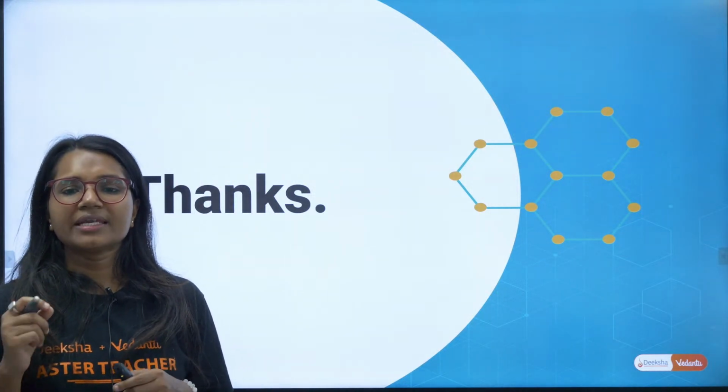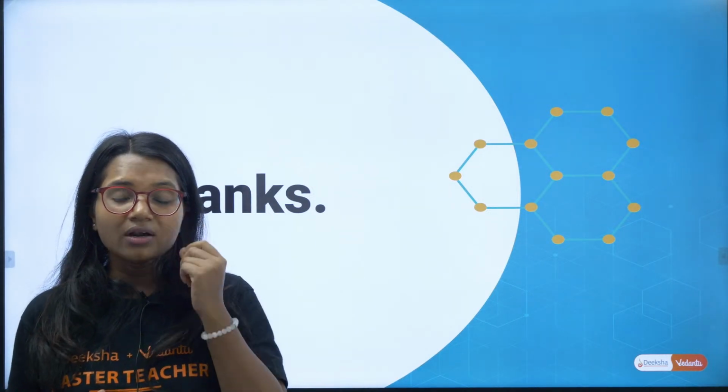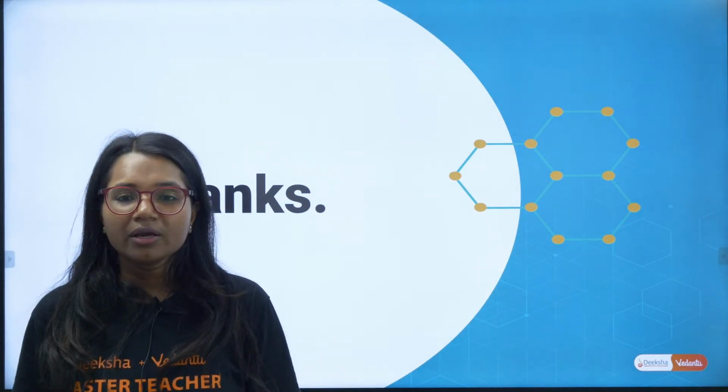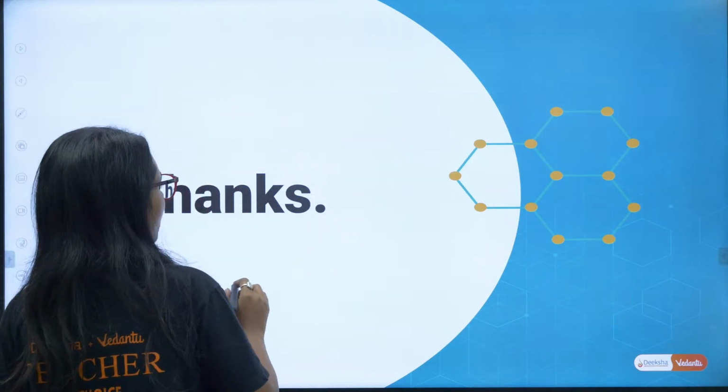Whatever you want, I will take the next chapter. Tell me quickly which chapter you want. Okay, so if you don't have any choice, then I will take carbon and its compounds.